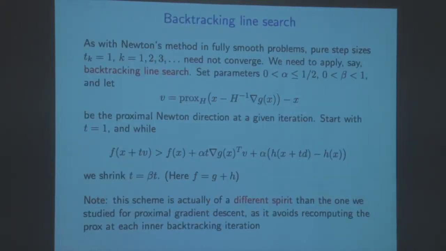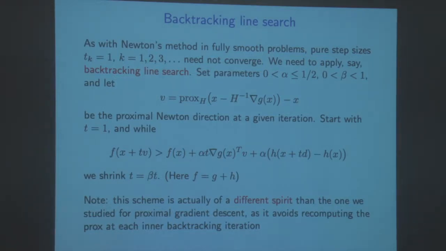Backtracking, we do as we always do. We propose the update direction v, and actually, I take that back. It's not as we always do. This is going to be a little different from what you've seen before. This part looks like what you've seen before, which is that we propose a starting point, say t equals 1, and we check whether or not we are less than or equal to some fraction of what we get from the linear extrapolation.